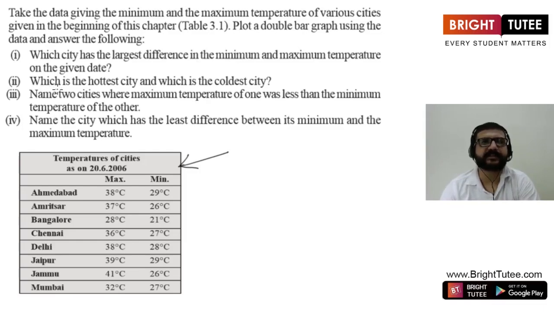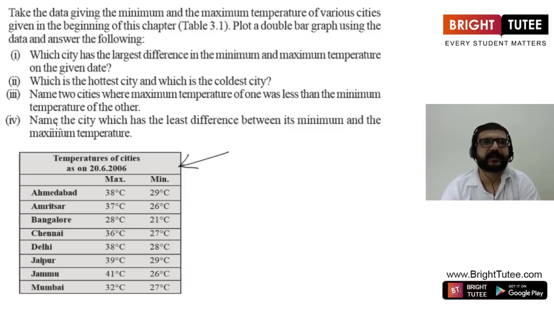The second question is, which is the hottest city and which is the coldest city? And then we have to name two cities where the maximum temperature of one was less than the minimum temperature of the other.